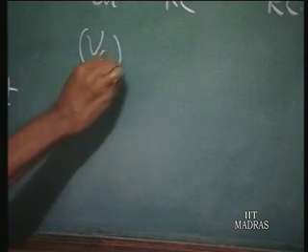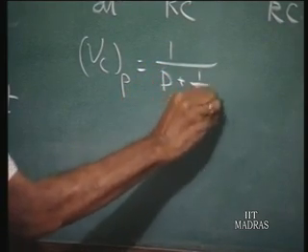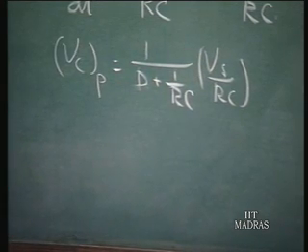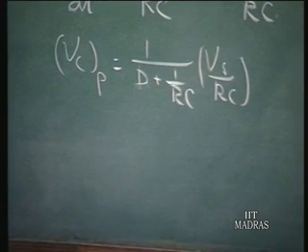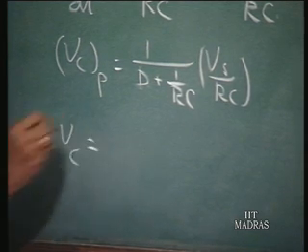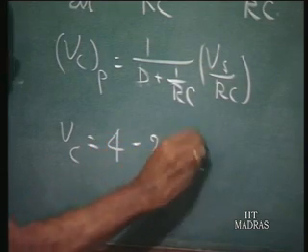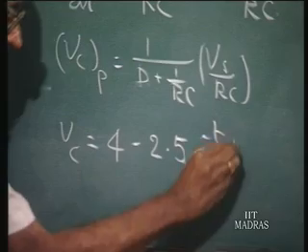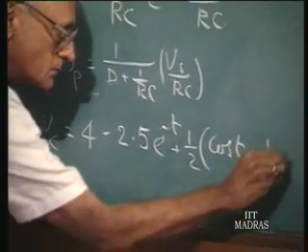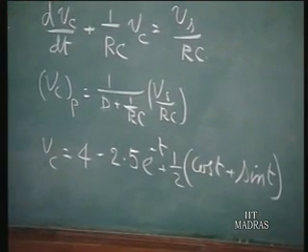The particular integral solution for this would be, of course, 1/(D plus 1/RC) operating on Vs/RC, and using the forcing function that we know, we can find out the particular integral solution, and using the initial conditions, finally you can arrive at the total solution for Vc as 4 minus 2.5 e^(-t) plus half of (cosine t plus sine t). That will be the total solution for Vc of t.